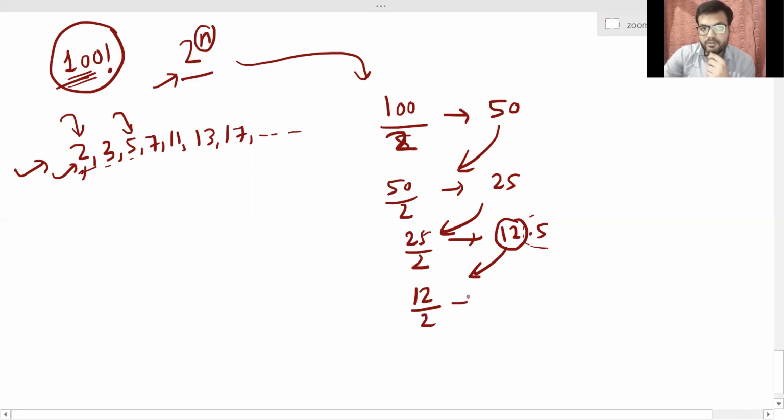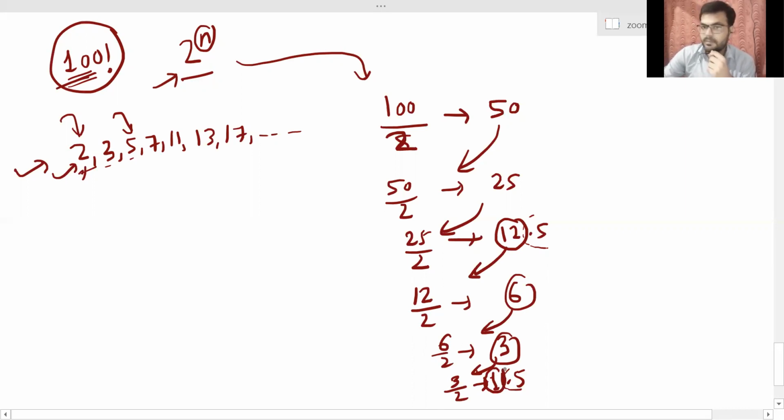Divide 12 by 2, you will get 6. Again divide 6 by 2, you will get 3. Now divide 3 by 2, you will get 1.5. Ignore the 0.5, take only 1. Now you cannot further divide this 1 by 2, because 1 by 2 is 0.5 and a decimal is not acceptable. So you have to stop your division here, at 1.